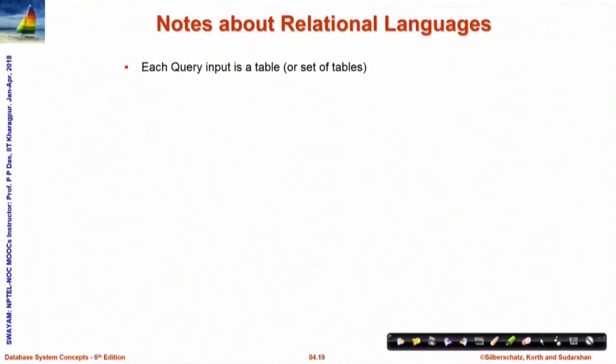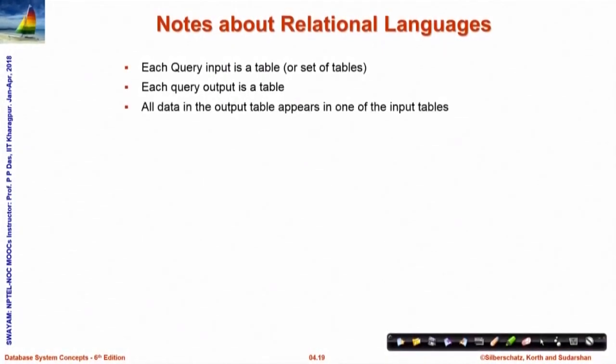Finally, to note that in relational algebra every query input is a table and the output is also a table. So, it is always manipulating one or more tables into a single table. That is the way you can look at it in very simple terms. And all data in the output table appears in one of the input tables, that is, no new data gets generated.